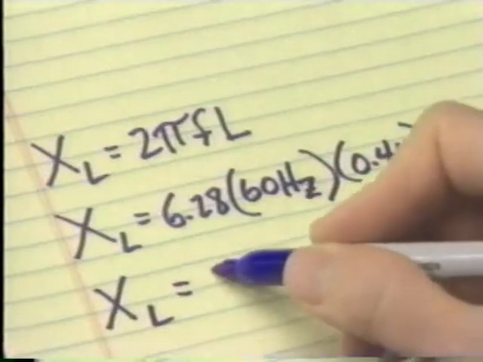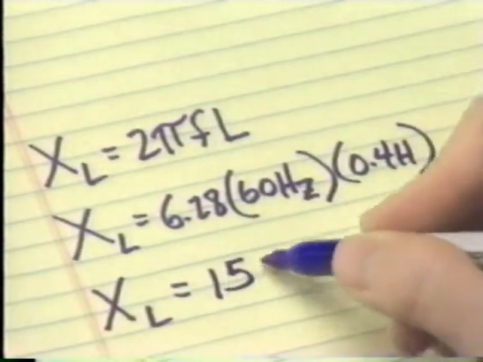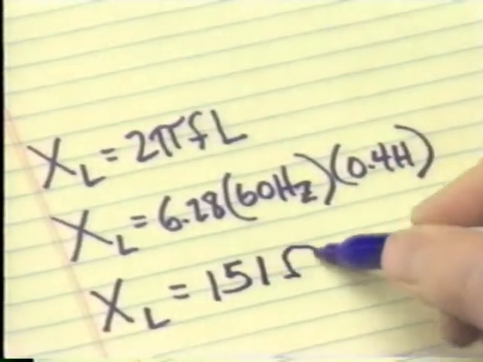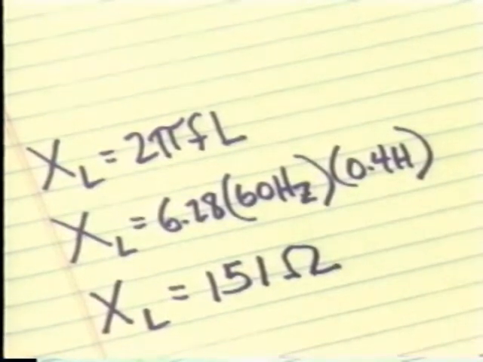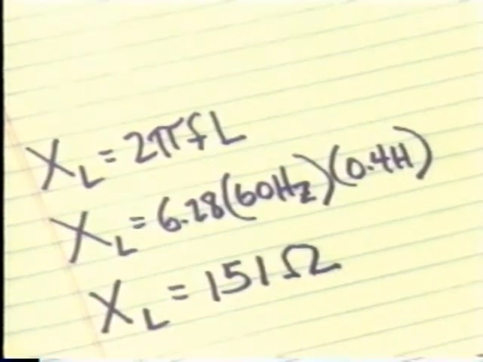The same relationships will hold true if the frequency is held constant and the inductance changed. As the inductance is doubled, the inductive reactance is doubled. For example, you've already calculated that with a frequency of 60 hertz and a 0.4 henry coil, there will be an inductive reactance of 151 ohms.